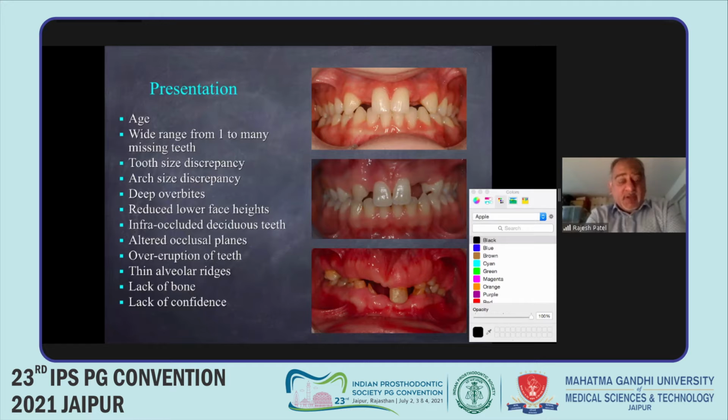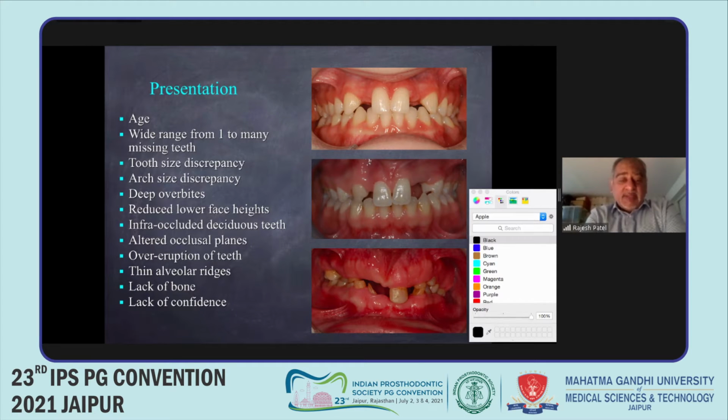Some patients have lots of bone, some patients have very, very little bone. So the options of implants become much harder. The face heights can be reduced. And often the most common trait is the infraoccluded deciduous molar teeth and what to do with them.